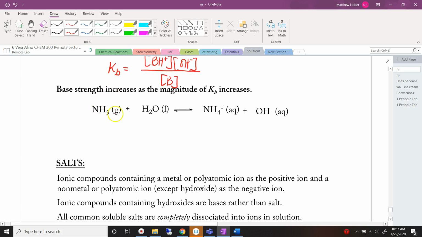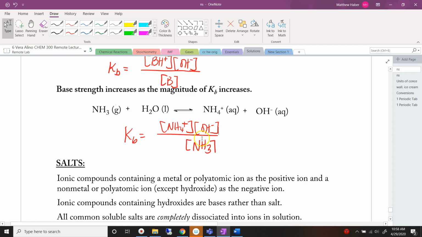Okay, so for this ammonia, Kb is ammonium ion times hydroxide ion divided by ammonia gas. I'll still put it because it's still a gas, okay? So be careful with this, guys, because if you just roughly go over this quickly, you will forget that ions have charges, and you're going to get some points deducted.